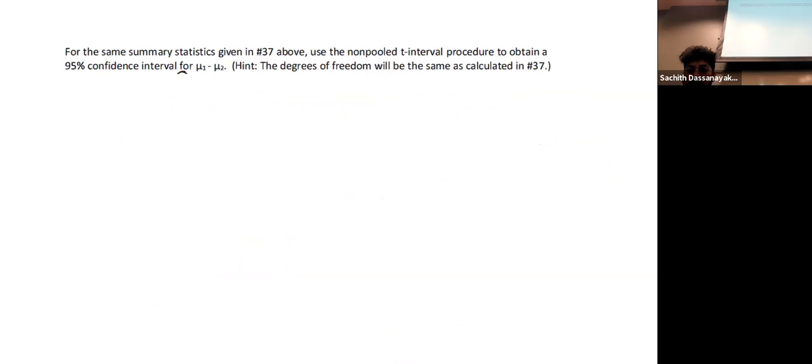Question 37, I think we don't need to go through this, right? This is about non-pooled, still non-pooled. So for the confidence interval, what's the formula?